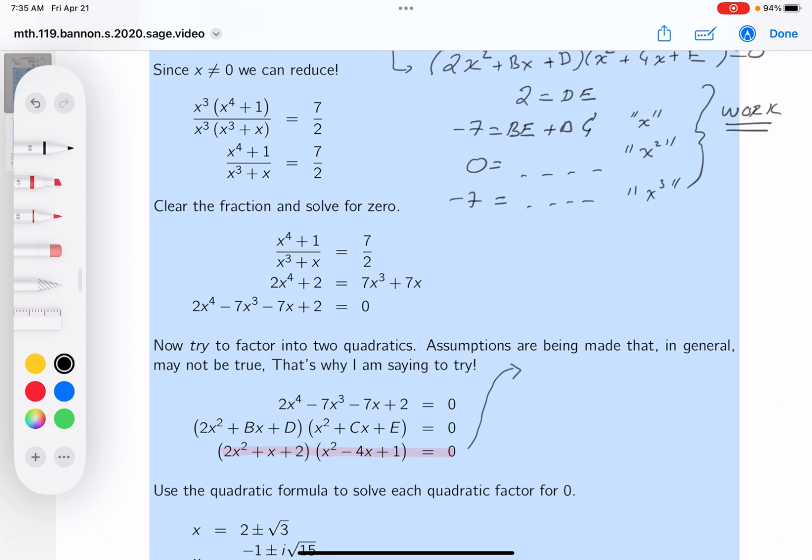What do you get? 2x squared times those three terms. You get 2x^4 minus 8x cubed plus 2x squared. I'm going to distribute an x across those three terms. What do you get? x cubed. Then you're going to get minus 4x squared. I'm just checking my little numbers over here.